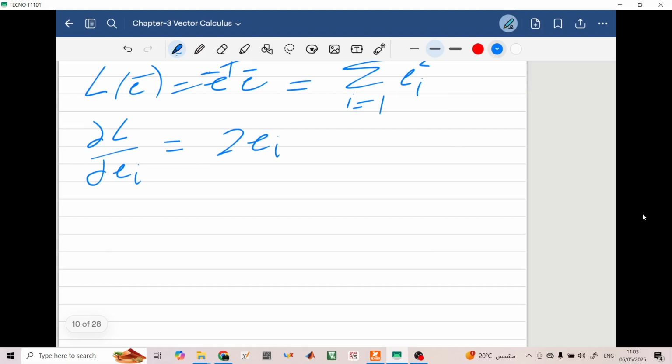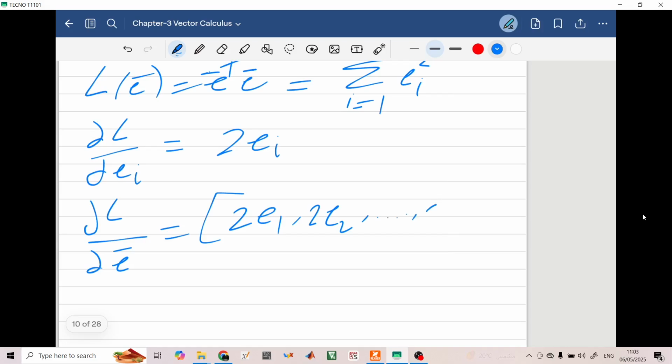Now gather those components or derivatives. So I want partial L over partial E vector. This equals 2e1, then 2e2, until we get 2en, right? If you take the 2 as a common factor, you are left with e1, e2, until you get en.